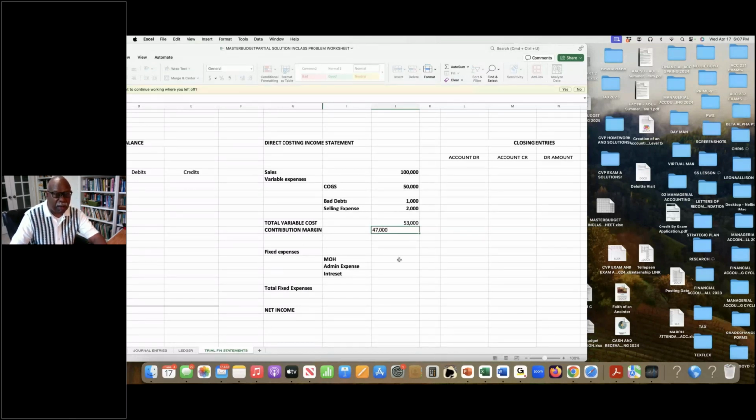Let's assume the MOH is 7,000, the administrative expense is 5,000, and the interest expense is 5,000. And so my total fixed expenses are going to turn out to be 17,000. And so my net income, 47 less 17, should be 30,000. Are there any questions?